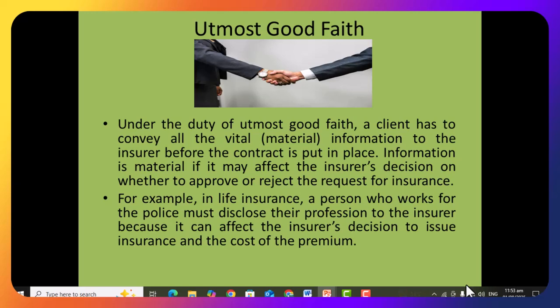Later on, if the insurance company finds that the client lied and was hypertensive and diabetic at the time of insurance, and he knew that, yet concealed that information, then the insurance company, under utmost good faith, has the right to reject the insurance claim if the client dies.